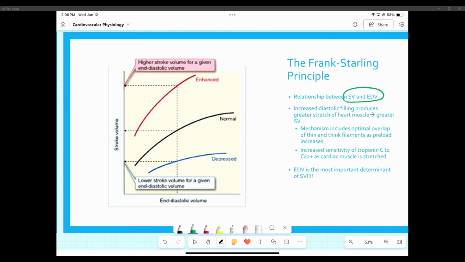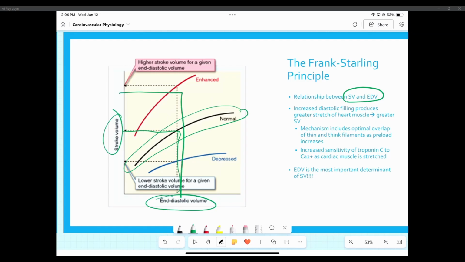So here's stroke volume, here's end diastolic volume. This is the normal way we want to see it. With a certain end diastolic volume, you have a bigger stroke volume. The bigger the stroke volume, you keep changing the lines from there. So just know, end diastolic volume is the biggest predictor of stroke volume.